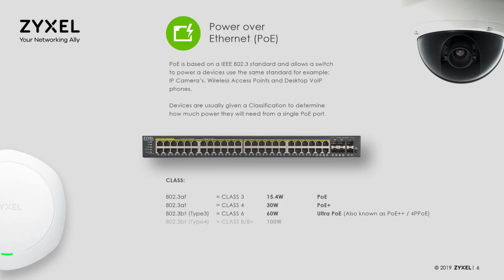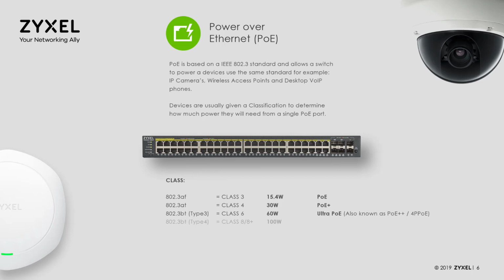Then we move on to 802.3at, which is given the classification of class 4, which is 30 watts per port, otherwise known as PoE+. Again, 30 watts of PoE at the port, 25.5 watts deliverable to the device.